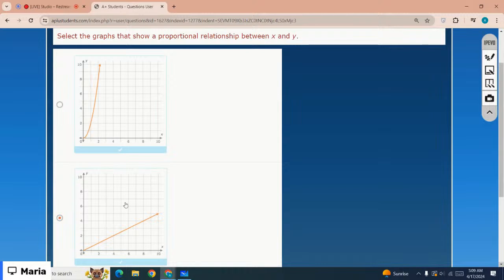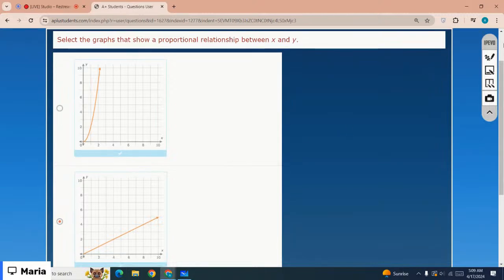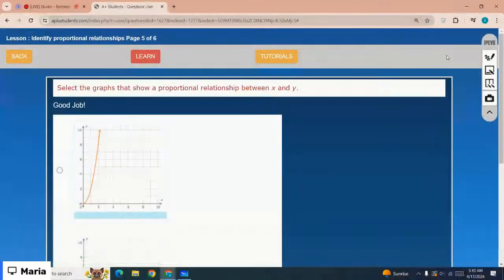The second one is the correct option, because that is a straight line and passing through the origin.